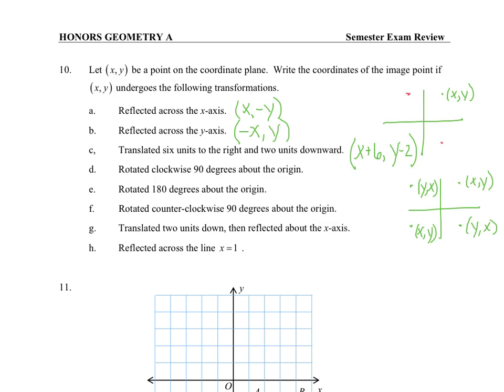For instance, in this quadrant, x is positive, y is positive. If I move to this quadrant, my x value is going to be negative. So I'm going to have negative y, and remember y, even though it says y, it's in the x location, but my x is staying positive. Here both my x and my y are negative, so this is going to be negative x, negative y.